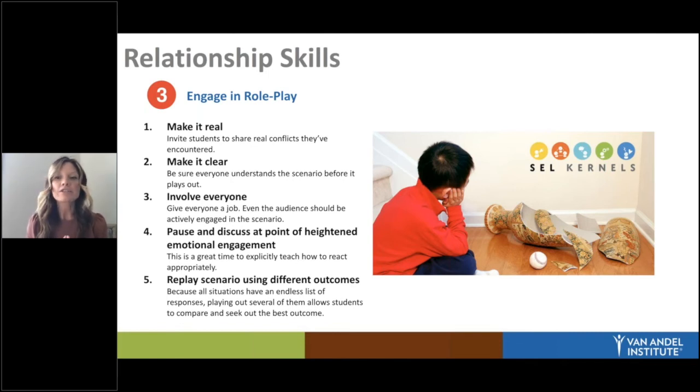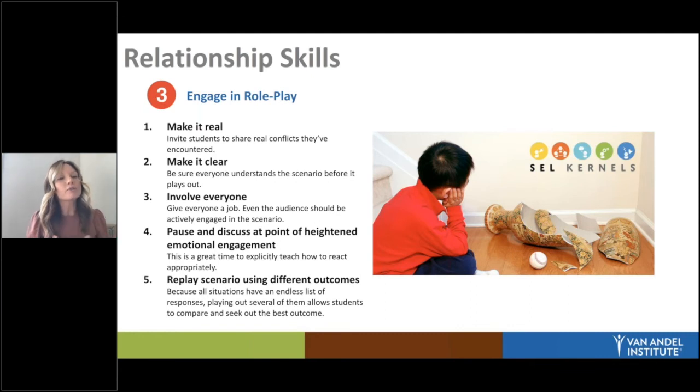So there's great examples on that website, but I encourage you to have your students come up with these themselves. So have a place for students to document it if a conflict arises, and they can keep out the students' names, of course, but have them write it down and make time in your week to role play. And so if there's a conflict on that list, you check it and you then make it real by having your kids act out a real conflict that happened in the classroom.